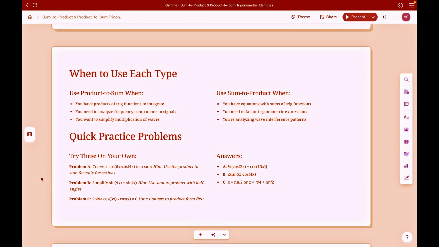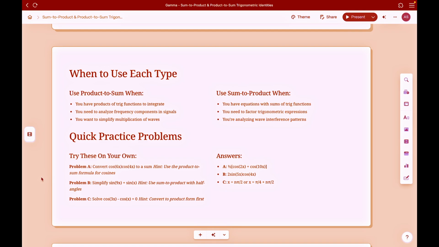When to use each type, normally this is self-explanatory, but there are also things you're doing in physics and engineering. So if you have products of trig functions to integrate, you need to use product to sum. If you have equations with sums of trig functions, of course, sum to product.